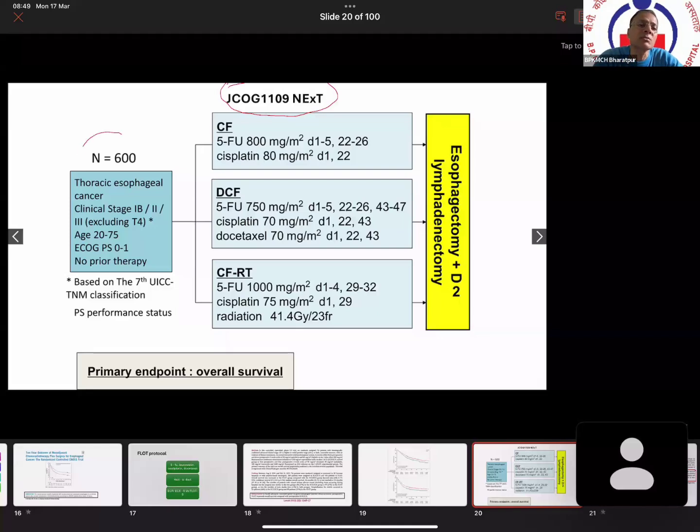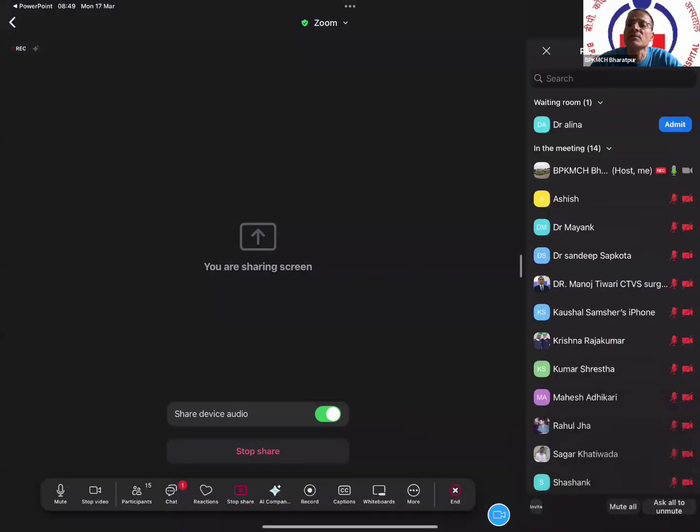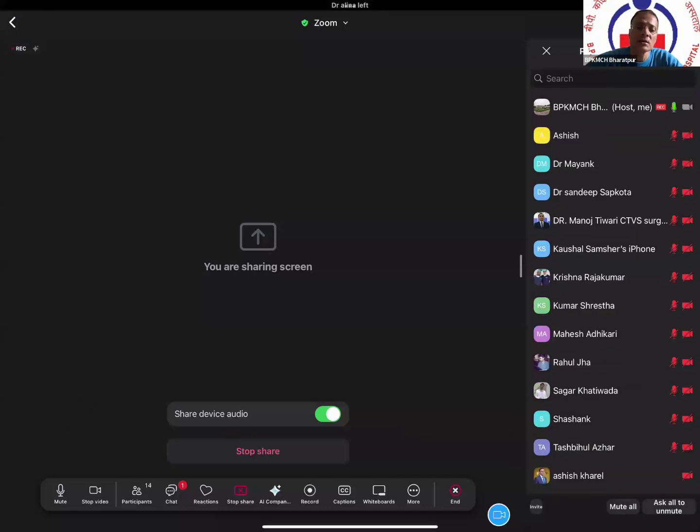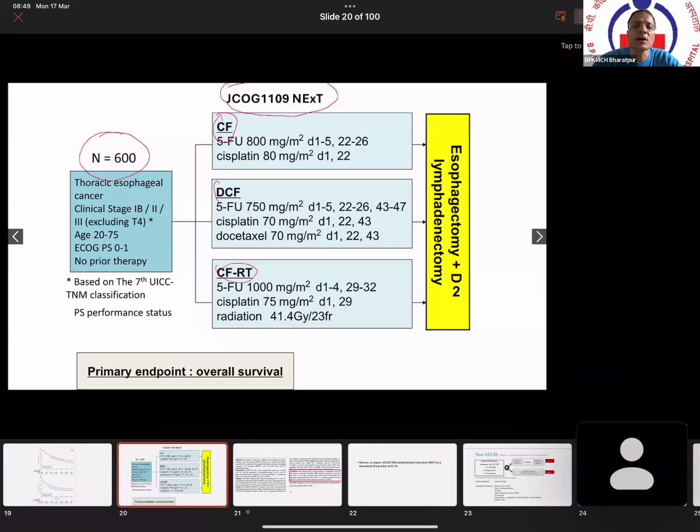They have a good number of samples, 600 patients. They compared the classical CF regimen, which consists of 5-FU and cisplatin, versus the DCF regimen, that is docetaxel, cisplatin and 5-FU. And later they also had CF-RT, not the CROSS protocol, this is cisplatin, 5-FU and radiation therapy.